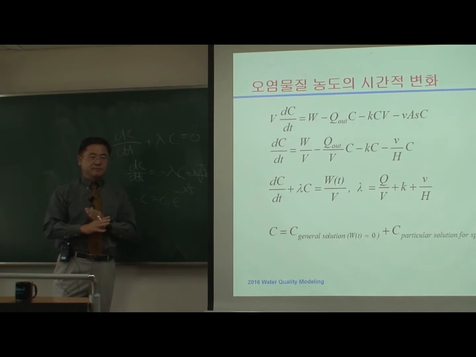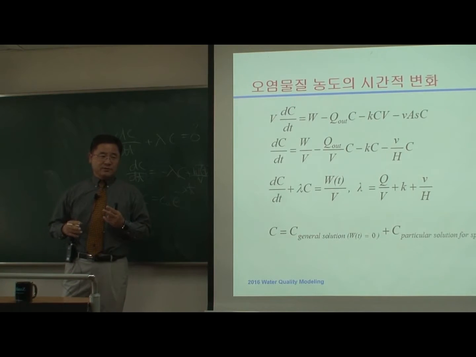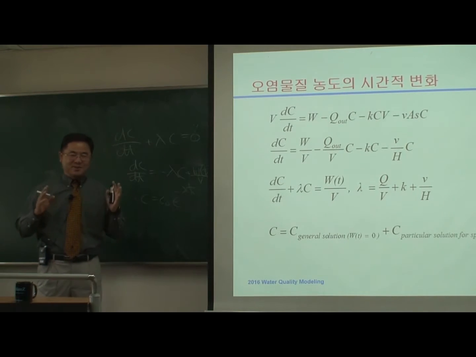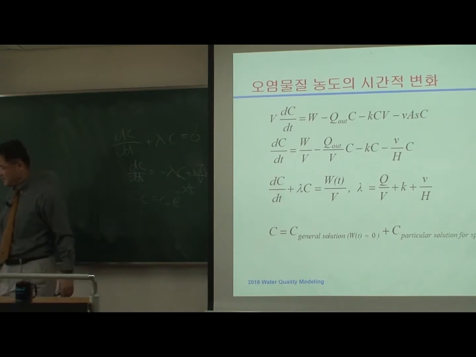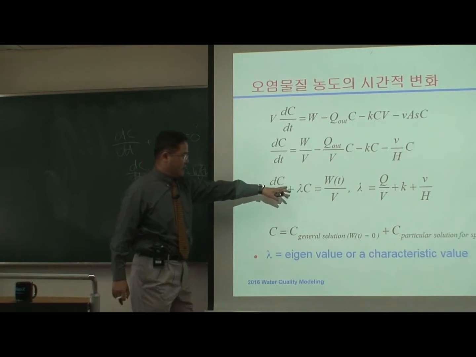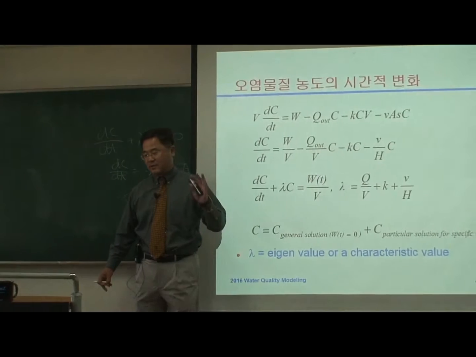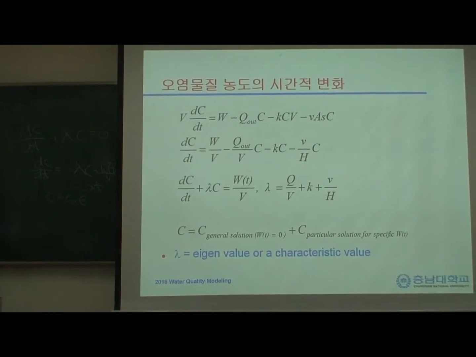We cannot solve it. Okay? In that case, we have two different options. We can ask our friend who is good at this, or we can use the power of computer. So we will learn about that. Okay, this lambda right here is called the eigenvalue or characteristic value. So we will talk about those.